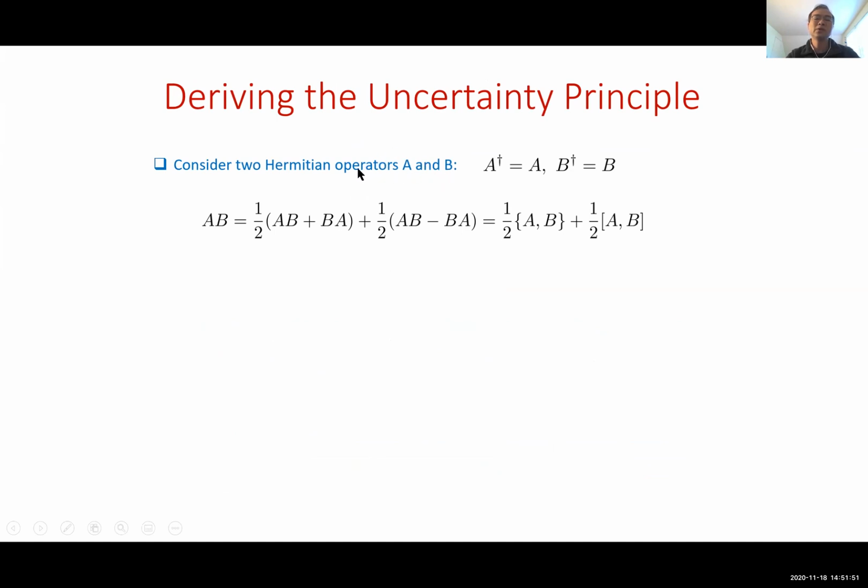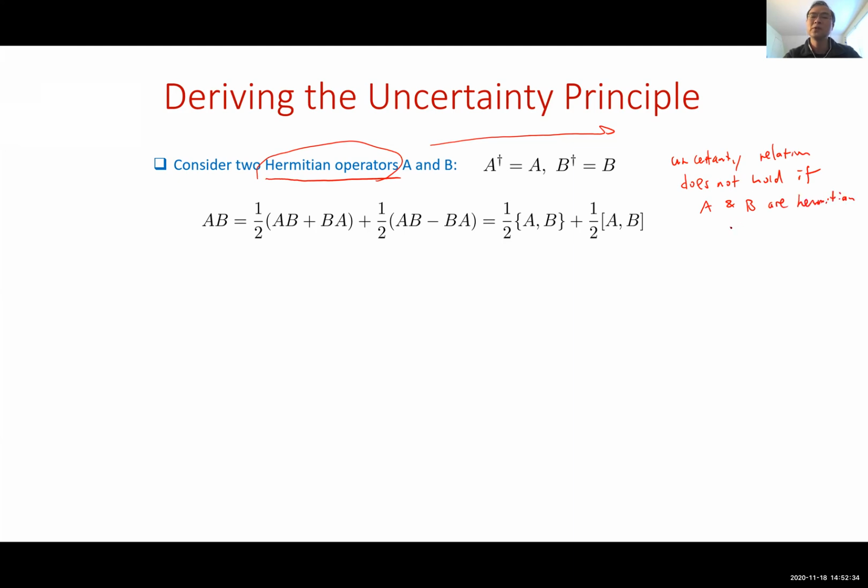When we say observable, we implicitly assume that these are Hermitian operators, meaning that A dagger equals A and B dagger equals B. This is important in the application, because the uncertainty relation does not hold if A and B are not Hermitian.